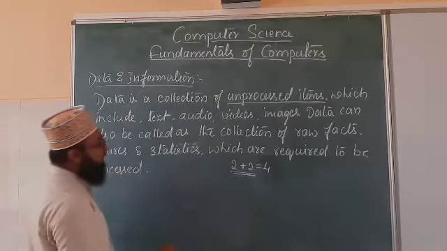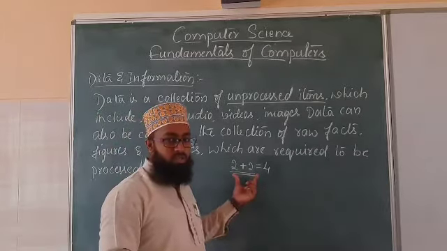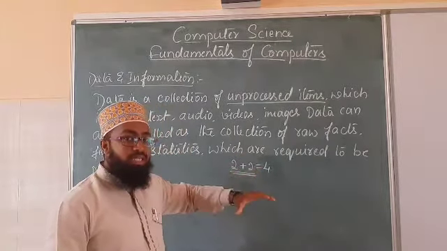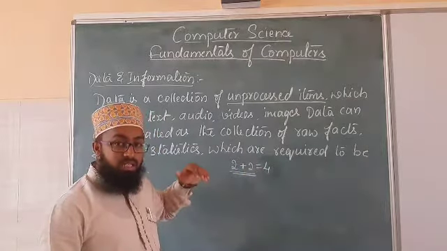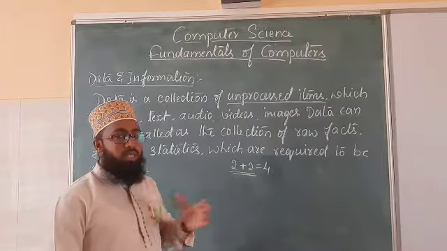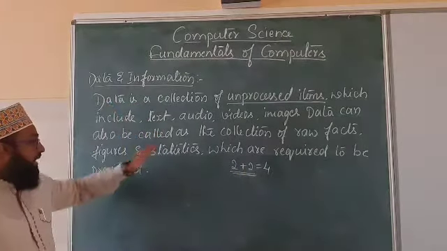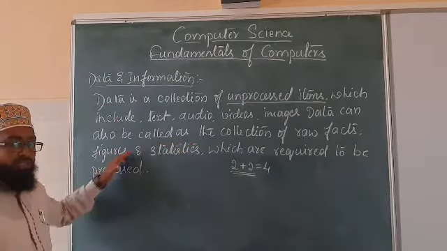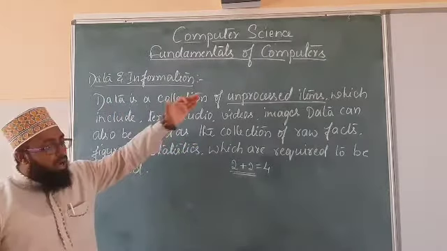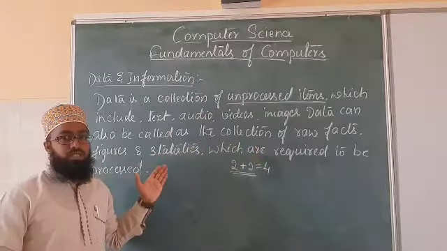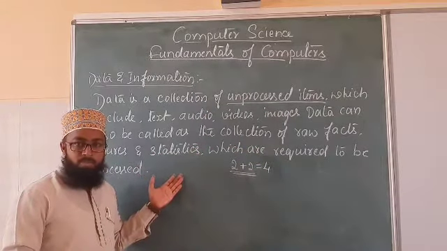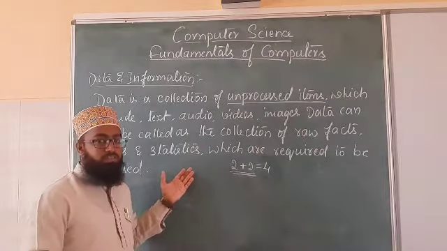Process means the operation or the function is not completed. That type of items we can call as data. Data is a collection of raw facts, figures and statistics which are required to be processed. They are not yet processed. That type of things we can call as data.